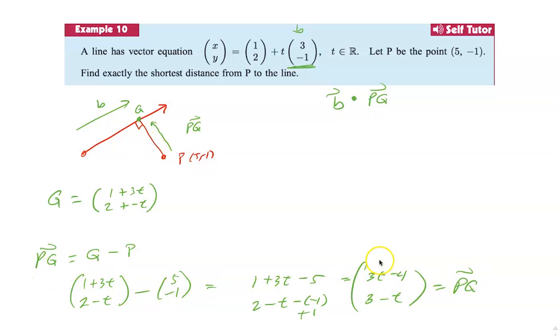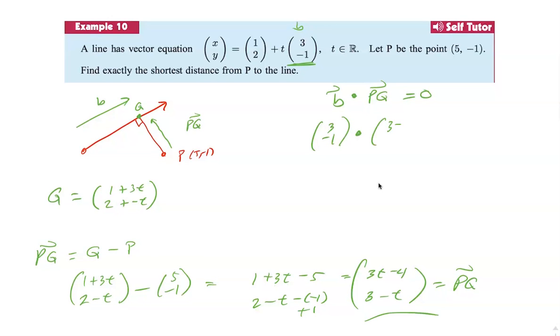So I've got this. Now, since it's perpendicular, the dot product should equal 0. So my direction vector 3, negative 1 dot my PQ, 3t minus 4, 3 minus t, should equal 0. The way the dot product works, you multiply the corresponding parts, add them with the other corresponding parts, and it should equal 0.